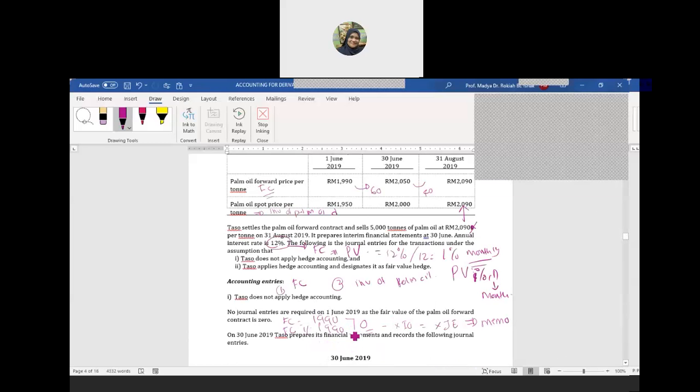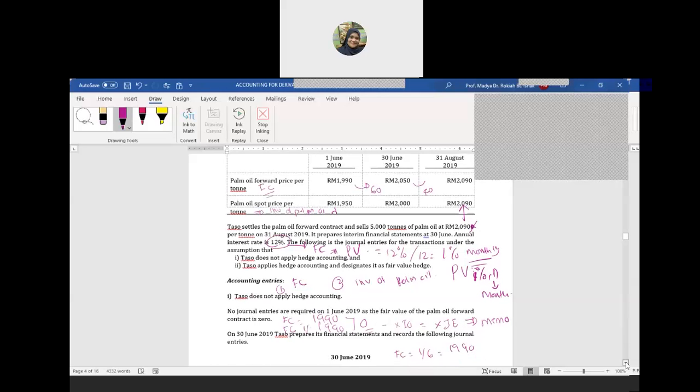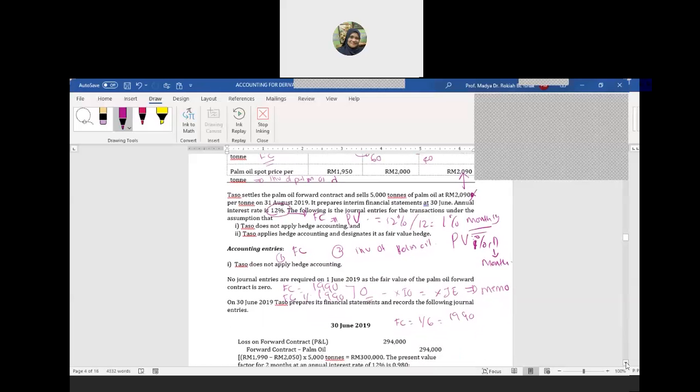The value of your forward contract at 1st of June is 1990. Now the value becomes 2050, a difference of 60.